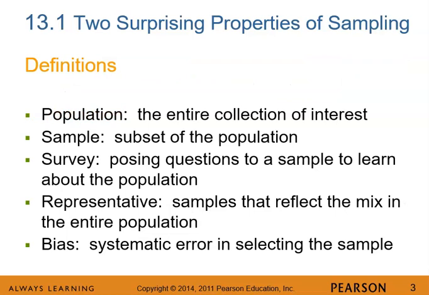A few definitions for this topic. When we talk about population, we're talking about the entire collection of interest. Let's say I'm interested to learn about the behavior of students at a certain university.